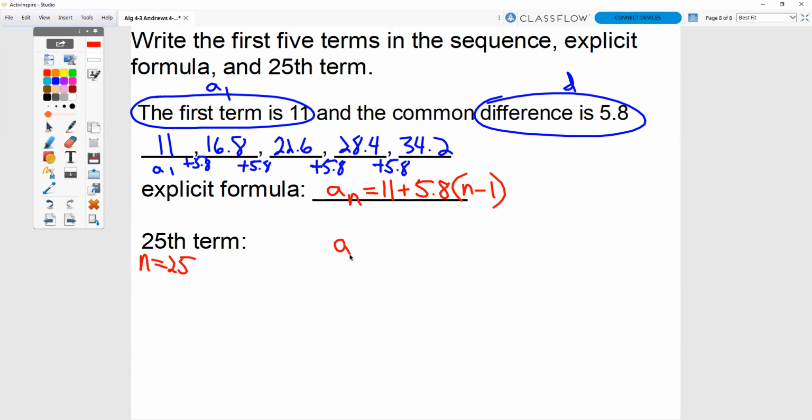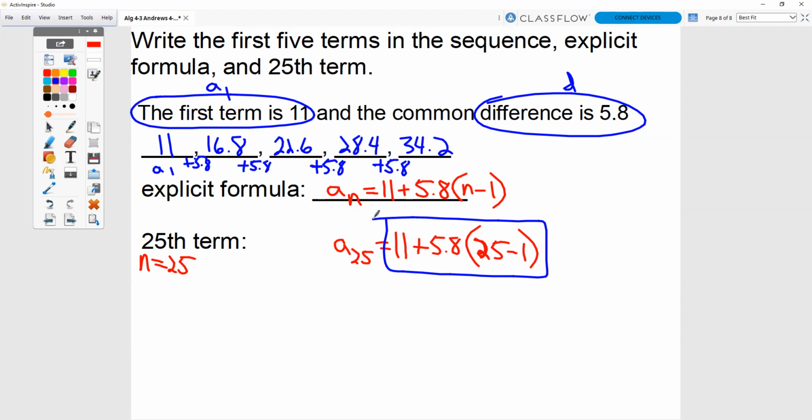So we have a sub 25 equals 11 plus 5.8 times 25 minus 1. Type that right into the calculator, exactly how it says with the parentheses, and you get that the 25th term is 150.2.